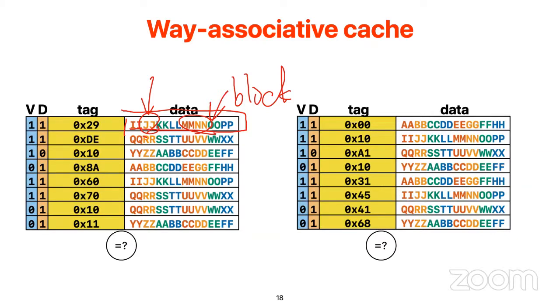The answer is that very likely when A0 was a miss, we already brought A1 into the cache block too, because a cache block is usually tens of bytes, and a primitive data type is only single-digit bytes. So typically every time you have a miss on an element, you bring in nearby elements, because it's very rare that a single element occupies the whole block. So here's the basic idea of a block.